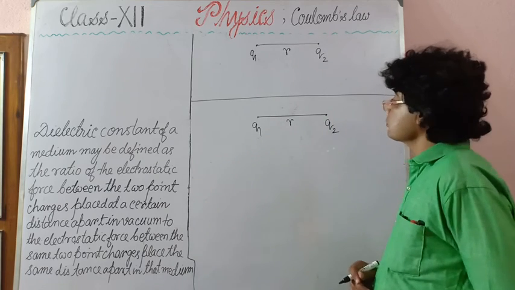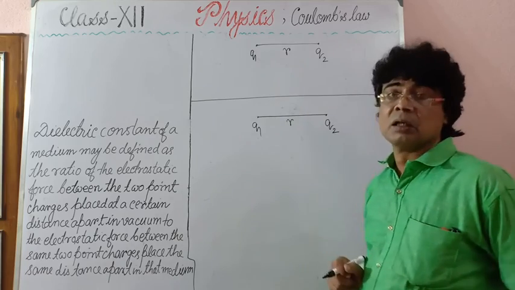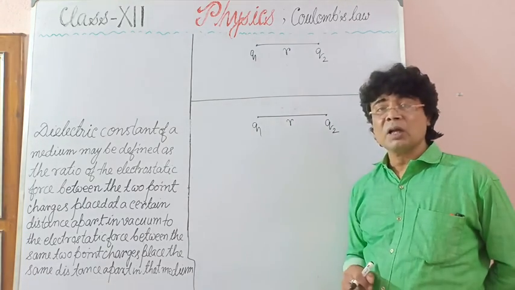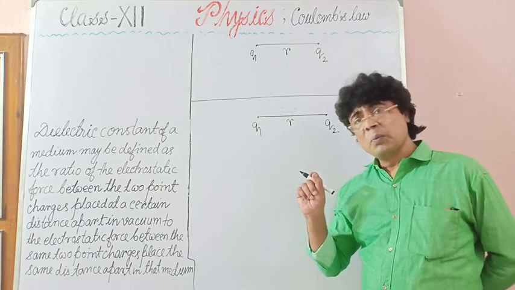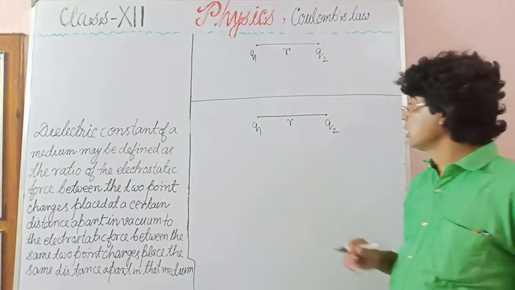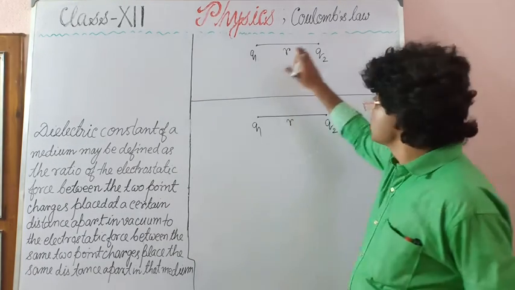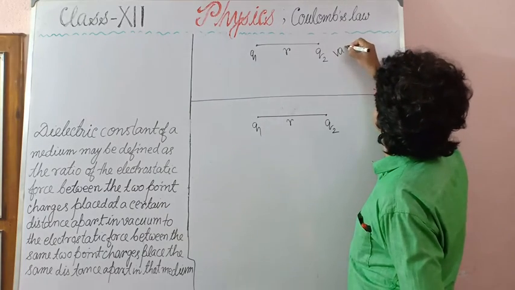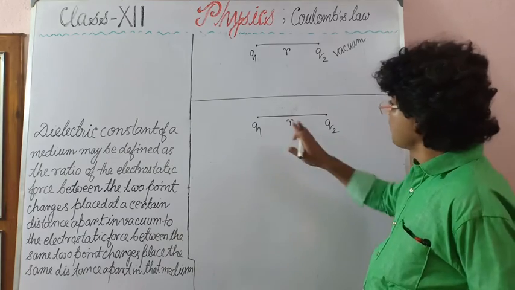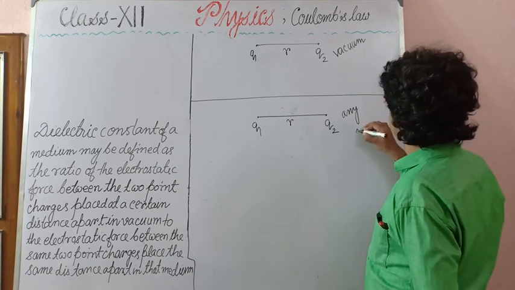Now Q1, Q2 and r remain fixed, the same 2 point charges, same separating distance between them. Here the point charges are situated in vacuum, and here the point charges are situated in any medium.